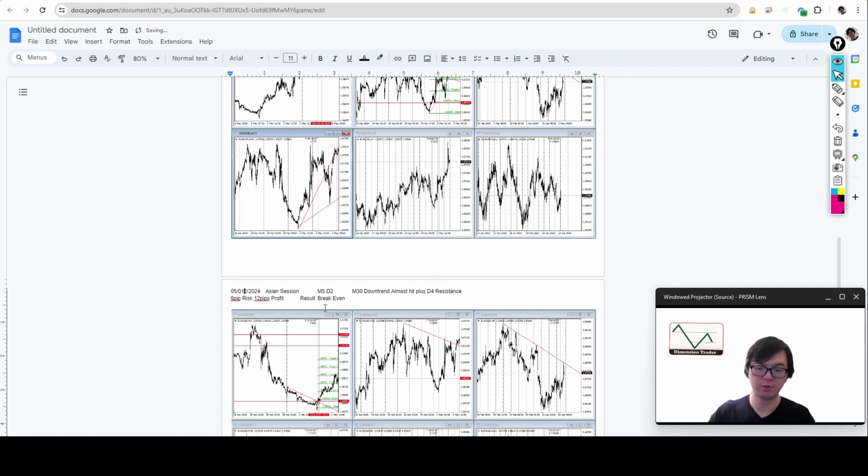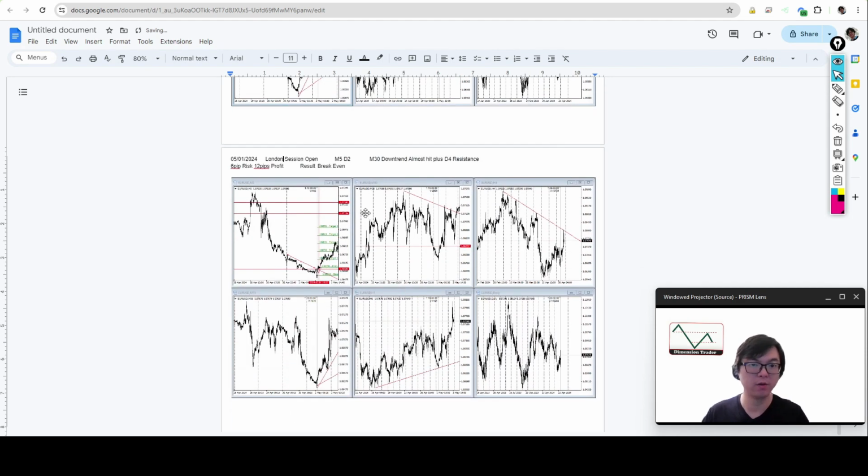Okay, May 1st. This is London section open. Alright, and 5 minute is right at dimension 1. And 30 minutes uptrend hit with support for dimension 5 reversal.